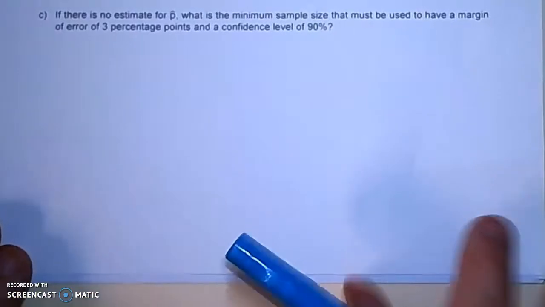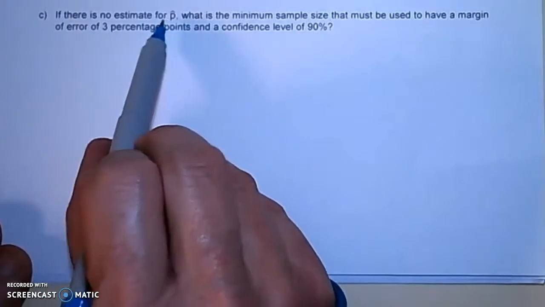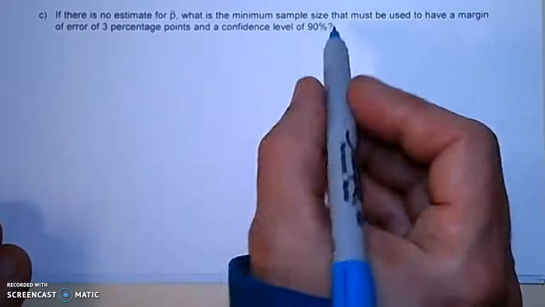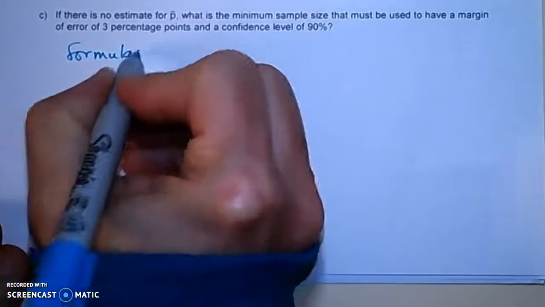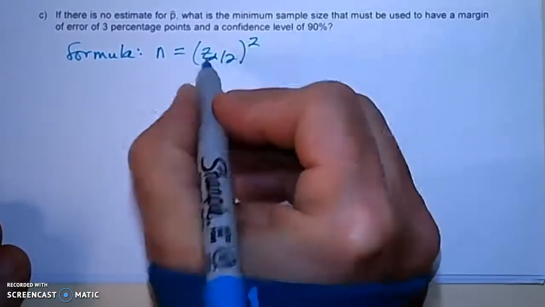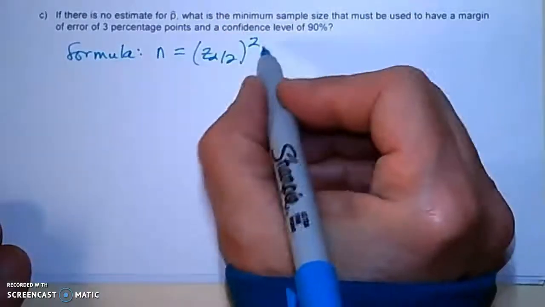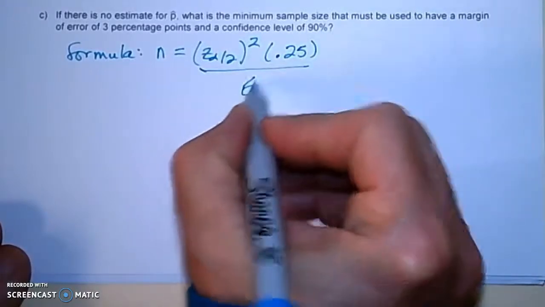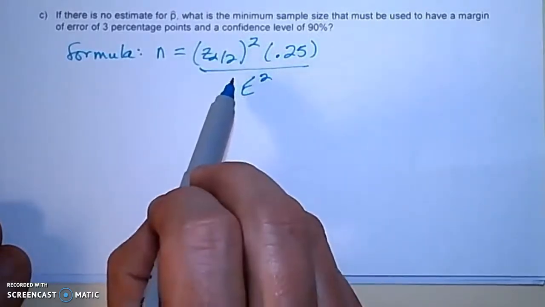For the next question, we have the same thing, only this time we don't have a prior estimate for the sample proportion. That just means we're going to use a different formula. We're still trying to find the minimum sample size. This time our formula has our critical value squared, and then instead of the P star and the 1 minus P star, here we just have 0.25, and on the bottom we still have E squared. From where we did this in the last one, we already have these two values.